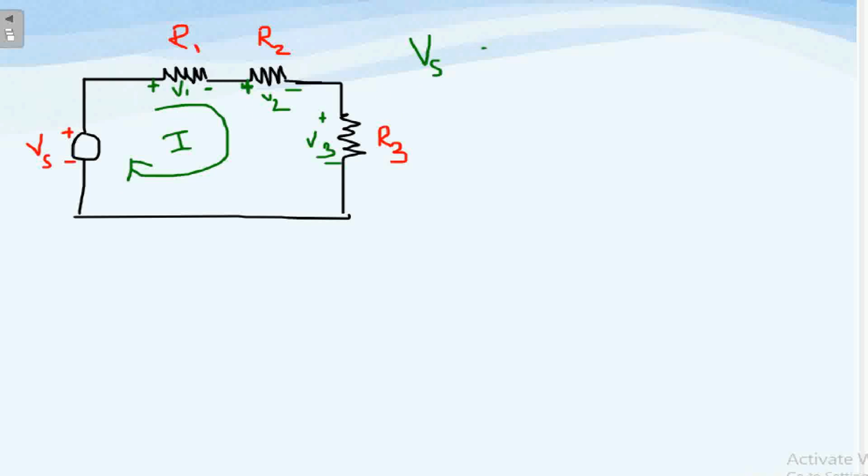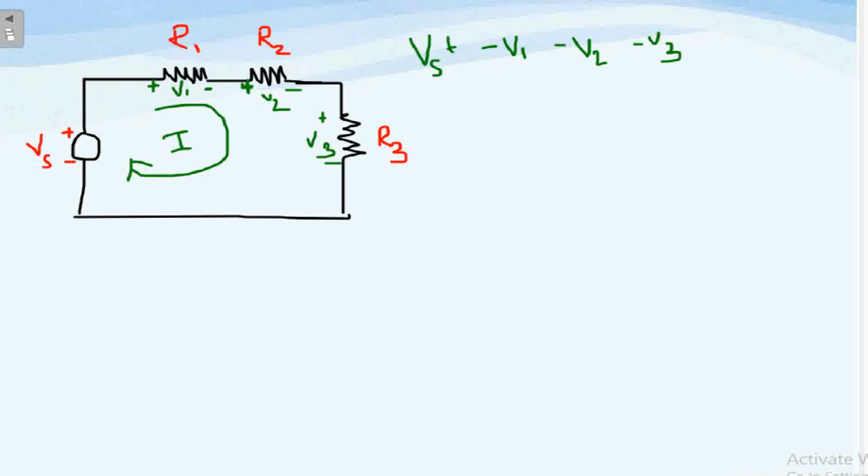So let us consider this as minus V1. And here also it is moving from positive to negative. This is also a drop, so minus V2. Now let us come to V3. For V3 also it is moving from positive to negative, so this is also a drop. A drop is indicated with minus, so minus V3. So according to KVL, the sum of the voltages within the loop must be equal to 0.